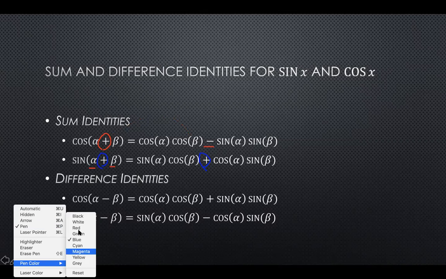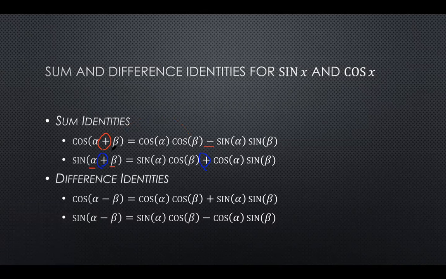The other thing is, for the sum of cosine, the result is 2 of the cosines multiplied together and 2 of the sines multiplied together. So these 2 are the same functions.